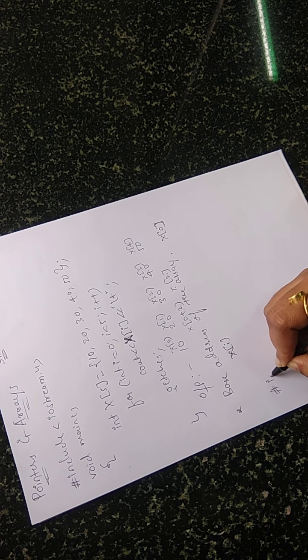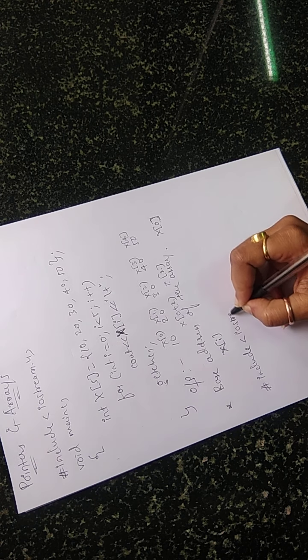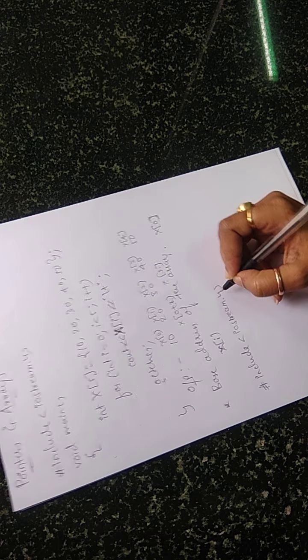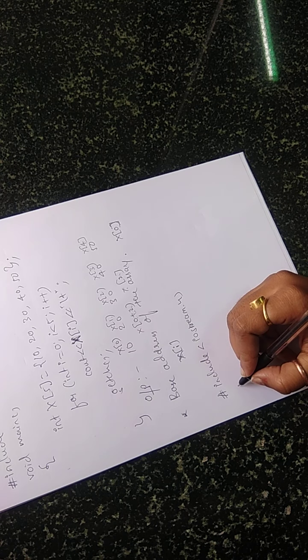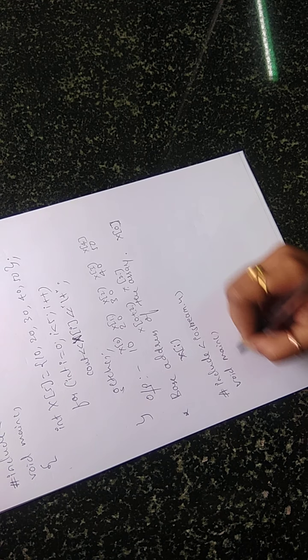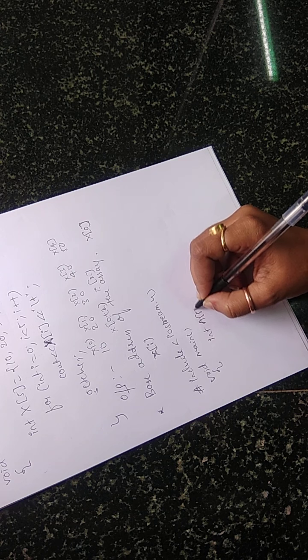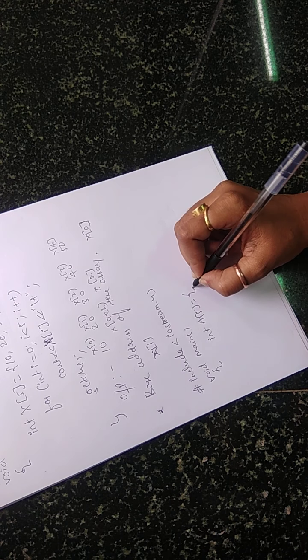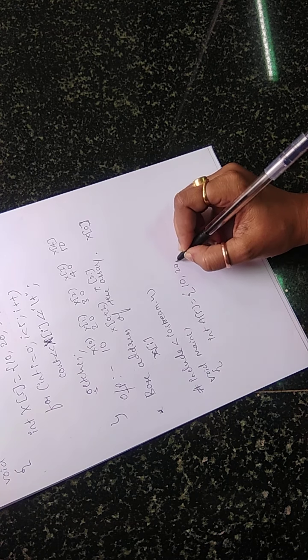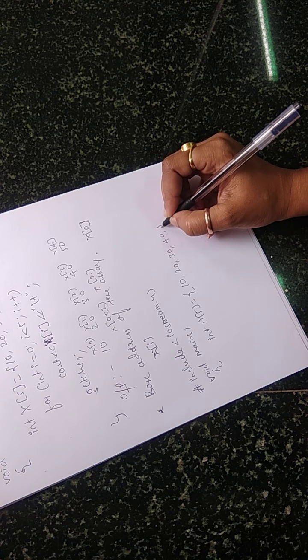So hash include iostream.h. If you want, you can add extra header files. I'll take only one main function, and here int a of 5, I'm taking the array, and I'm assigning the values 10, 20, 30, 40 and 50. Size 5 I had given, 5 values I had declared.